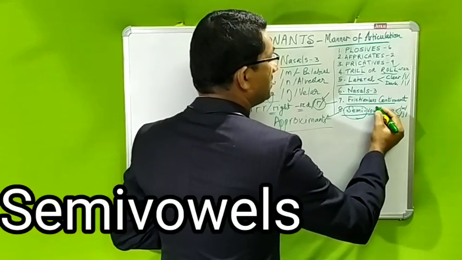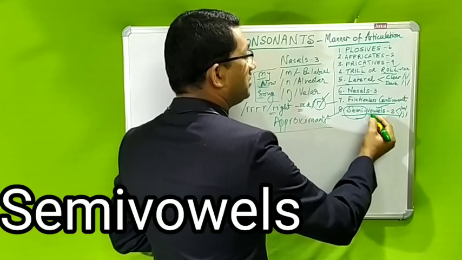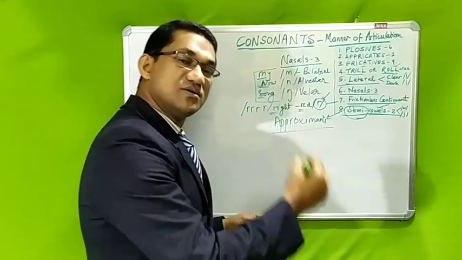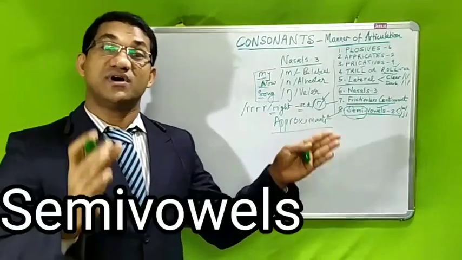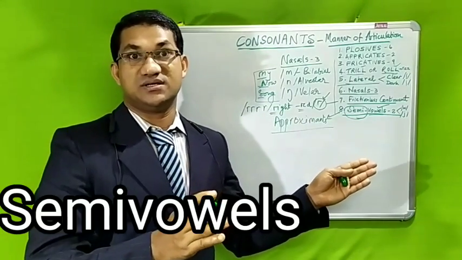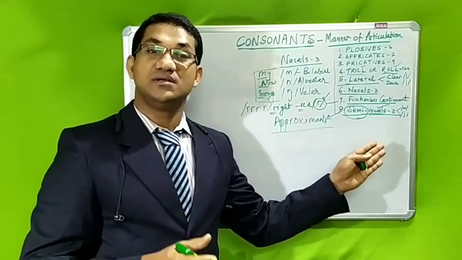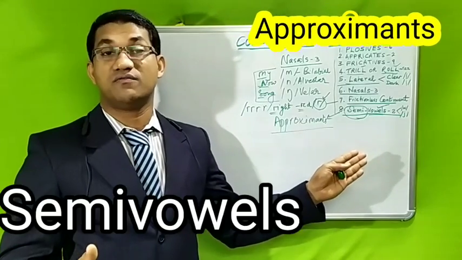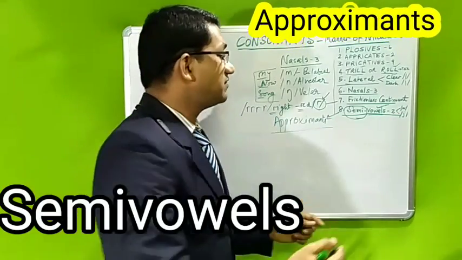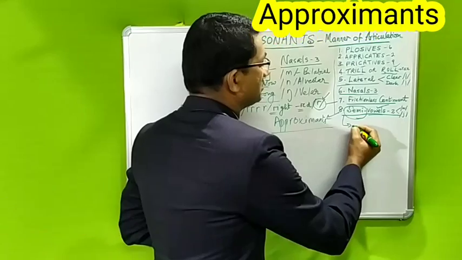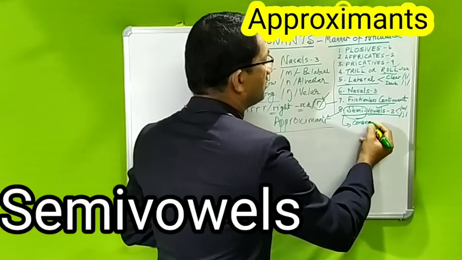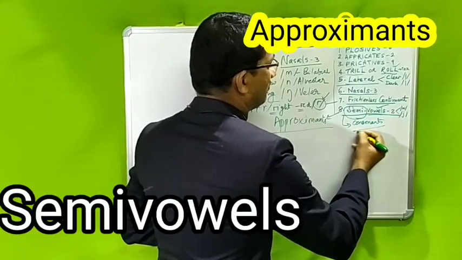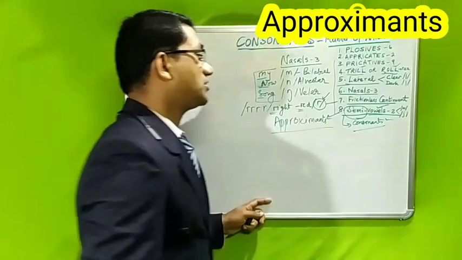They are not completely vowels, they are not completely consonants also. They have half the quality of a vowel, and half the quality of a consonant. But semivowels are always treated like consonants, okay? So they are consonants, they are not vowels. This is again another very important factor.